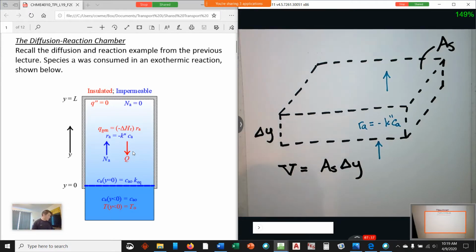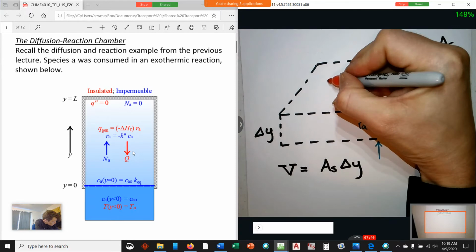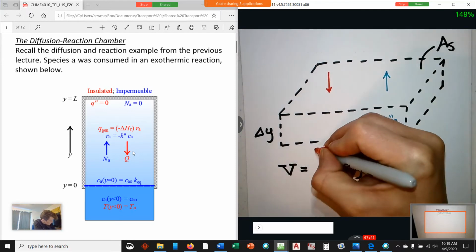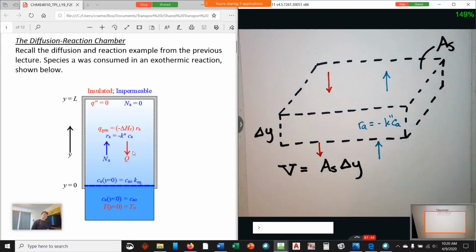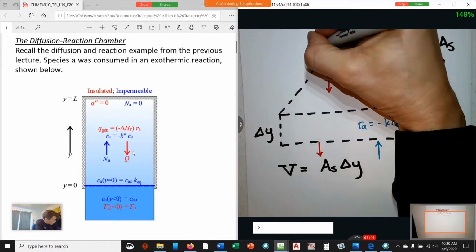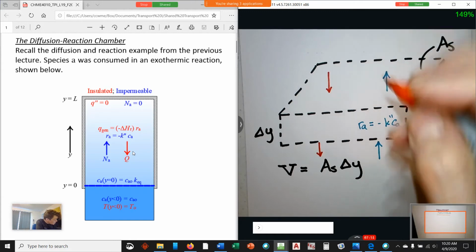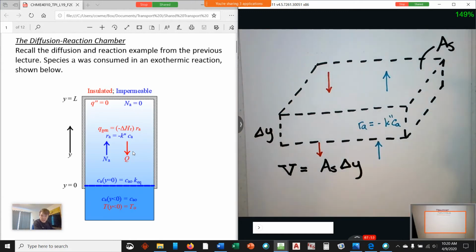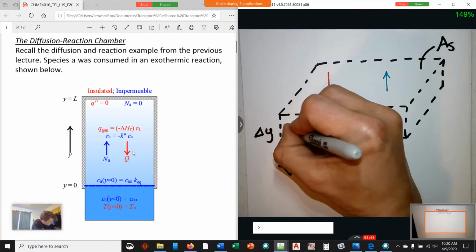And for heat transfer, we're going in the opposite direction. We have Q double prime, oops, we forgot to fill in what this actually is because we were focused so much. In fact, we'll just write the generation here. So if we're thinking about what's generated in this control volume, we're going to have to know what the heat of reaction is. And then if we multiply the heat of reaction by the reaction rate, we know exactly how much heat is generated.